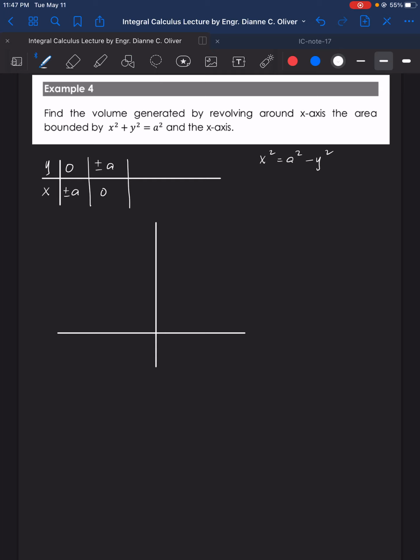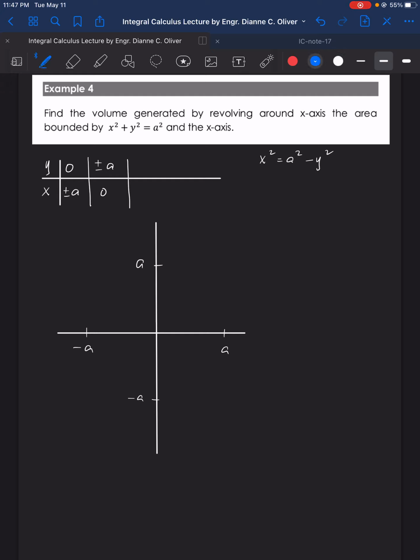Therefore, if we put here a, negative a, positive a, this is also a. This is also negative a. What we have here is a circle.